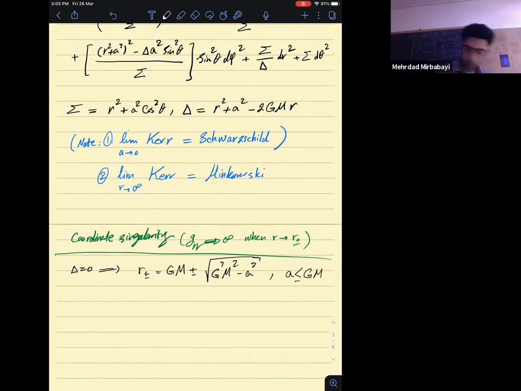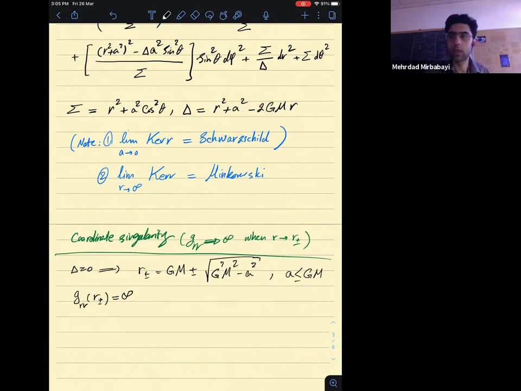So we have this r_plus and r_minus, the points at which g_rr is infinite. So we have a coordinate singularity, at least a coordinate singularity. Maybe it could be a real singularity, but it turns out that it is not.